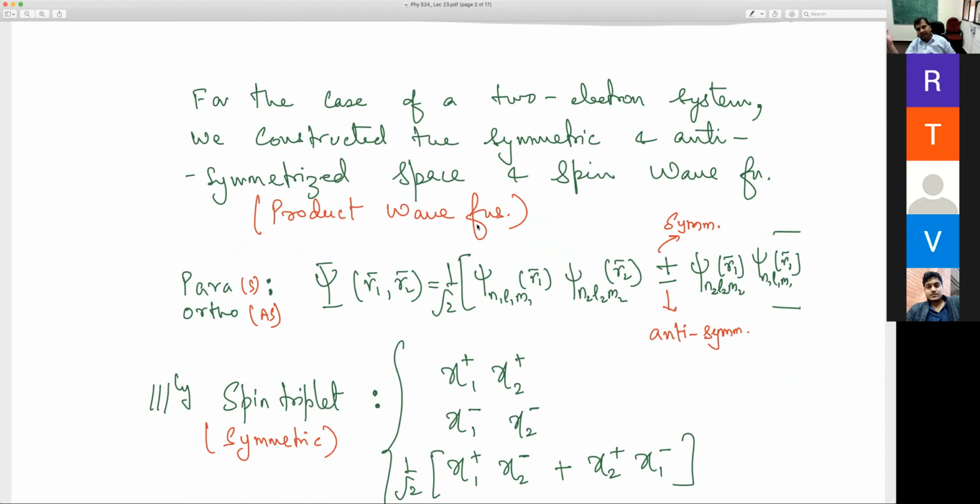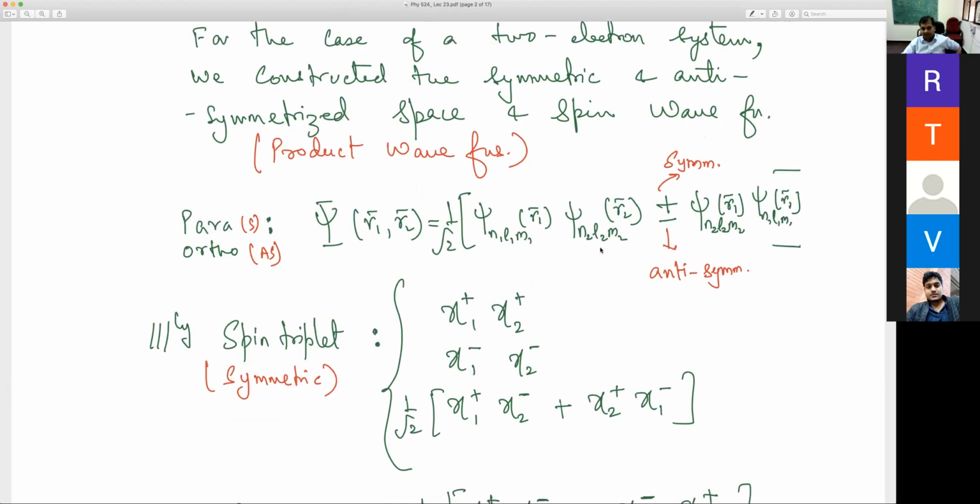We wrote down the product of single particle wave functions, and found that in some cases they have symmetric or antisymmetric properties. Otherwise, I can always take two sets of wave functions and construct a symmetrized or antisymmetrized product by adding them in a particular form.